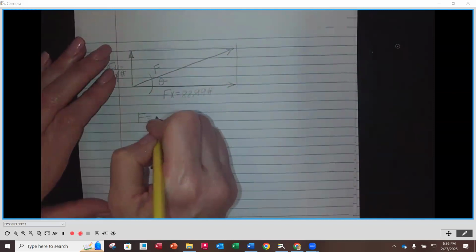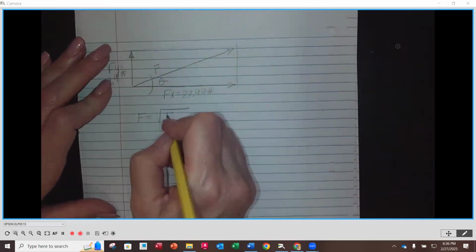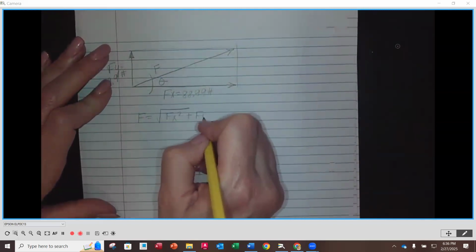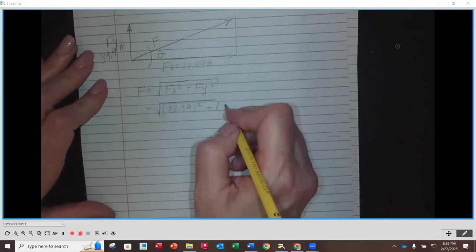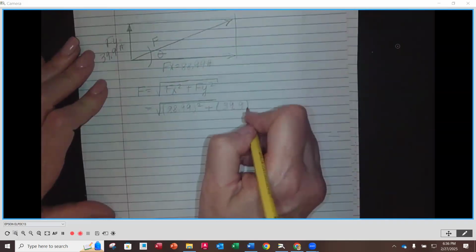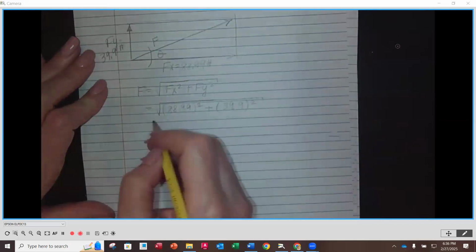So our force is going to be equal to the square root of the Fx squared plus the Fy squared. So that's going to be the square root of 88.99 squared plus 39.9 squared.